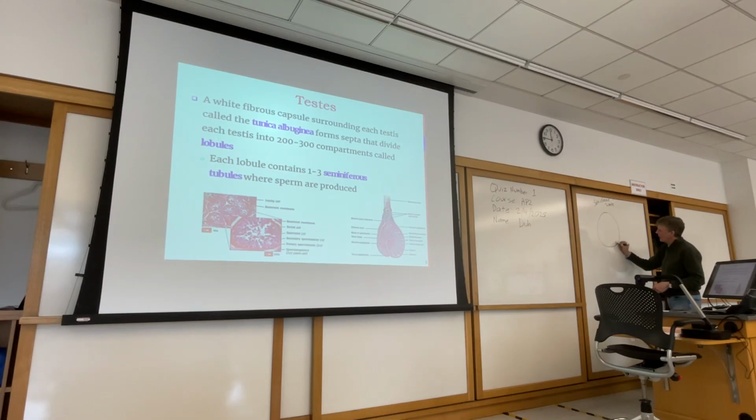So you'll have the spermatogonia sitting out here, and then as you move towards the middle, it'll be more like primary spermatocytes, right? Till eventually, by the time you get in the very middle, you'll have your mature sperm, hopefully. The Leydig cells, though, they're sitting outside. They're not inside the tubule.